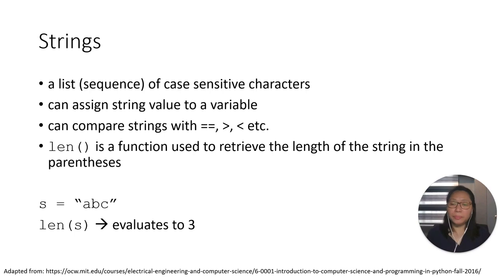Then to get the length of s, the syntax is len, and here we put s. The argument may be a variable, or it may be just the string value. We can put ABC here. This has to be a string, and this evaluates to 3 because there are 3 characters in the string that s is bound to.